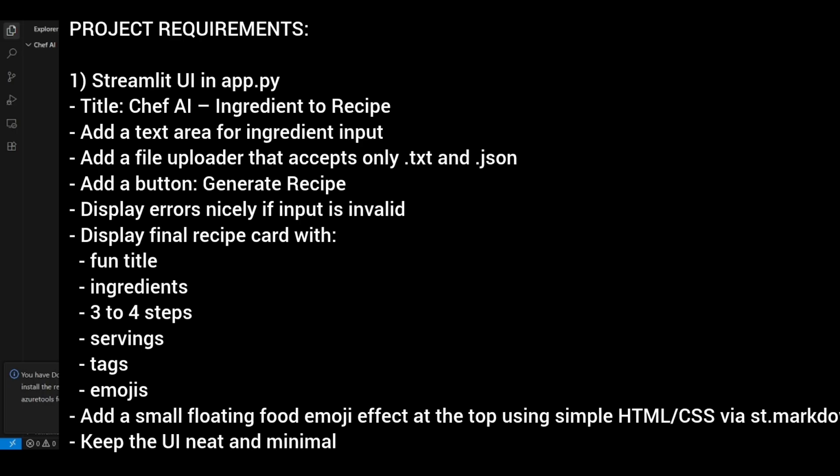Then I also want a button to generate the recipe, and also display errors nicely if the input is invalid. I want to know the specific error if the input is invalid or there is some error, but the display of the error should be nicely done.